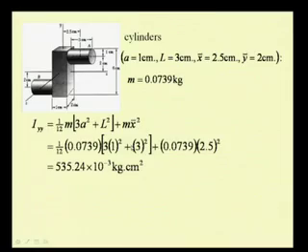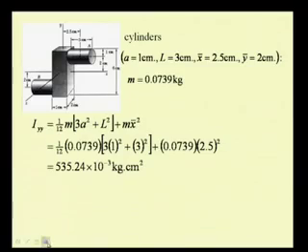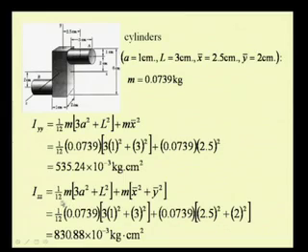Now, we can determine the second moment with respect to the z axis, that is Izz, and it is equal to 1/12 m (3 a square plus L square) plus m times (x bar square plus y bar square). So, we are interested to find the second moment about this axis.